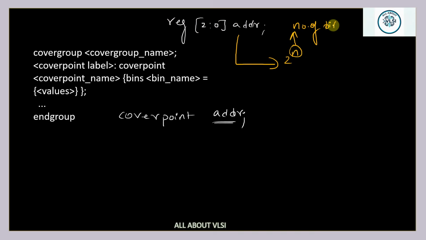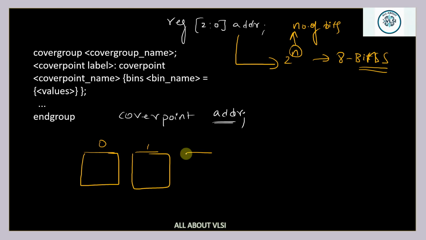So the tool will create 8 bins for me. Let's assume this is bin 0, bin 1, bin 2, and so on. It is going to create a total of 8 bins.